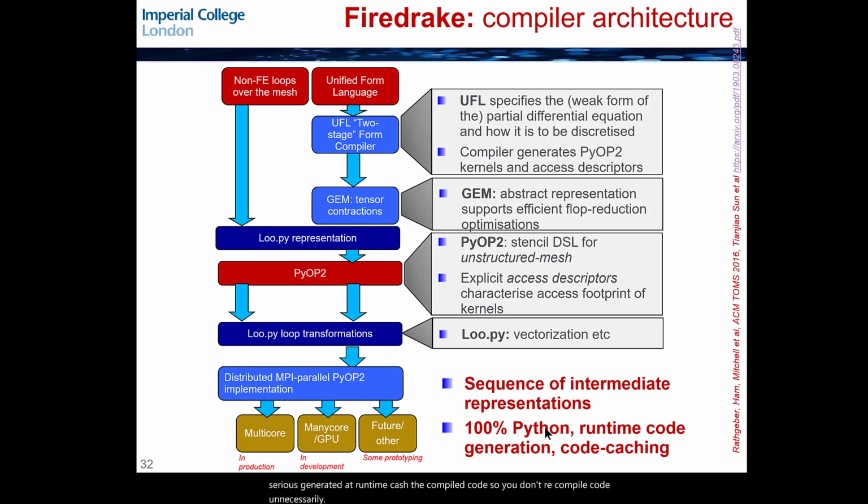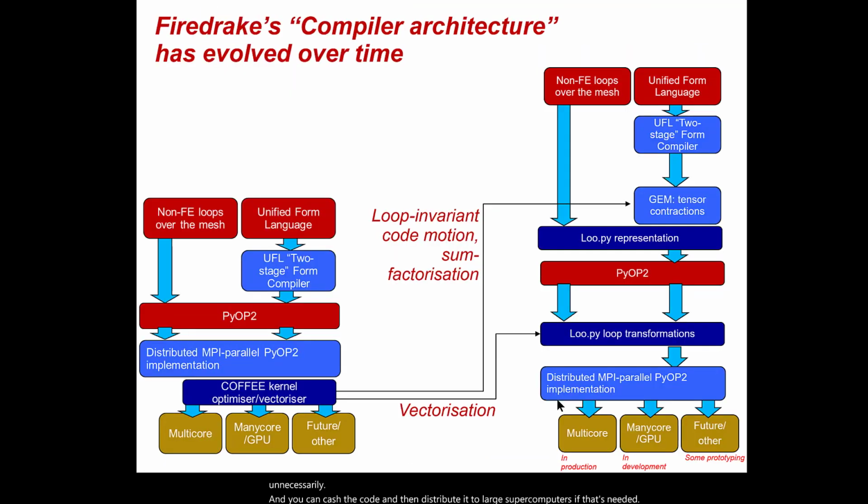Firedrake's compiler architecture has evolved over a period of time, and here's one of the evolutions that I think is instructive. We did a lot of work on vectorization. And during that work, we discovered that there were loop invariant expressions that we wanted to eliminate, but they were not being eliminated when we simply output the code into the C compiler.